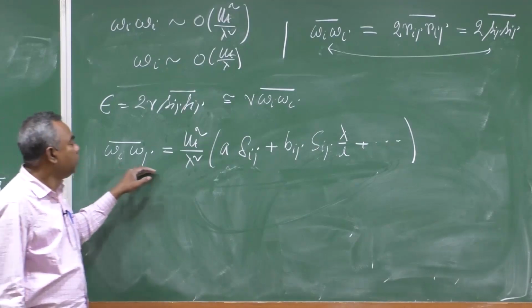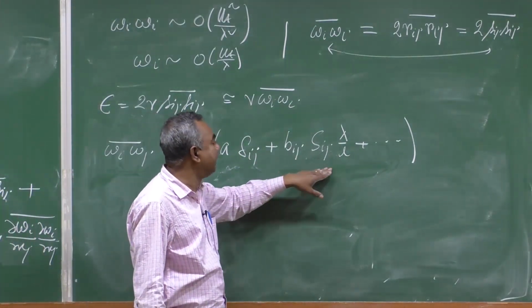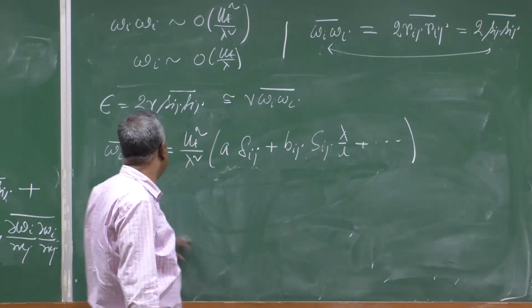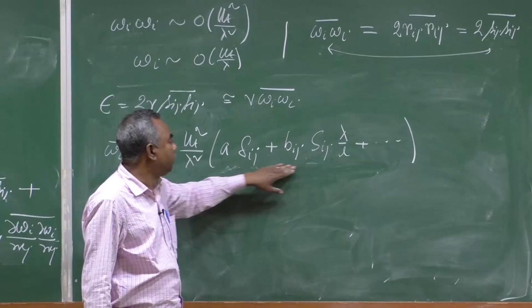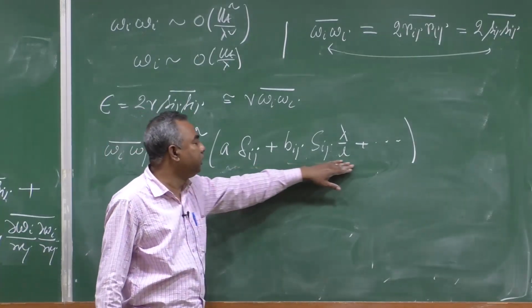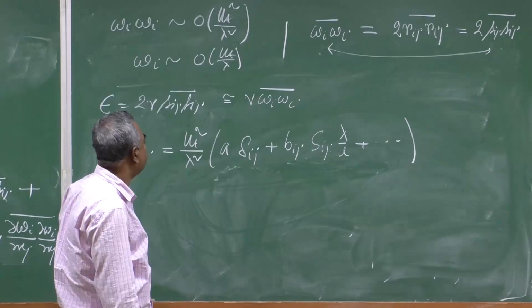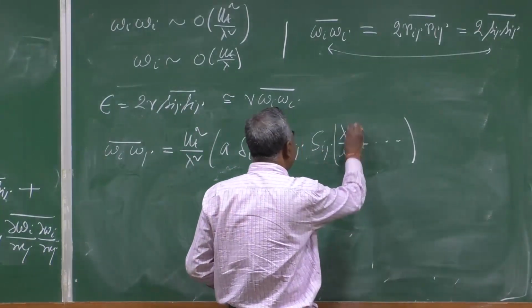But for the off-diagonal term, when this Sij value is non-zero, the order of magnitude is going to be ut square by lambda square into this term. Why does this particular multiplication factor come here?